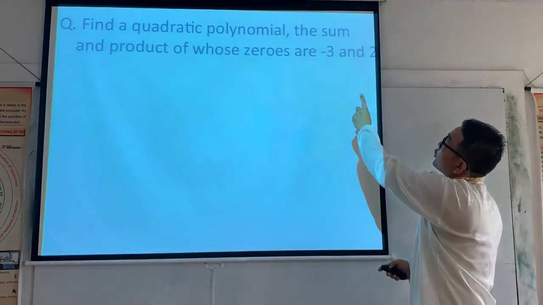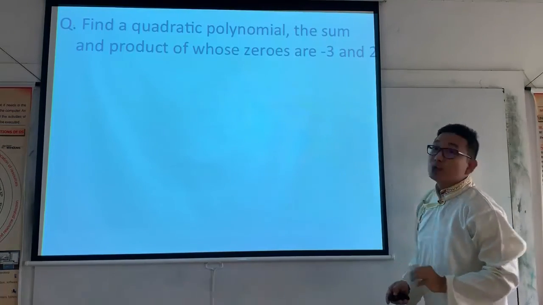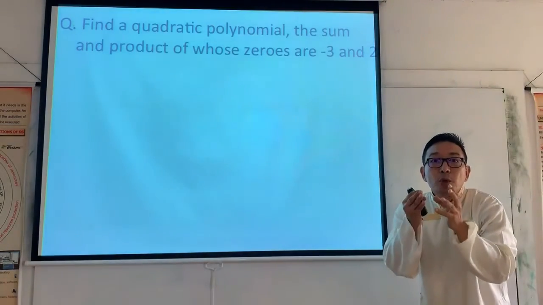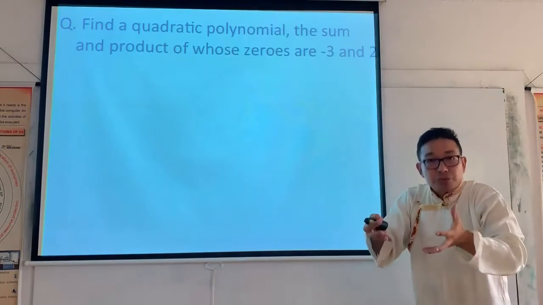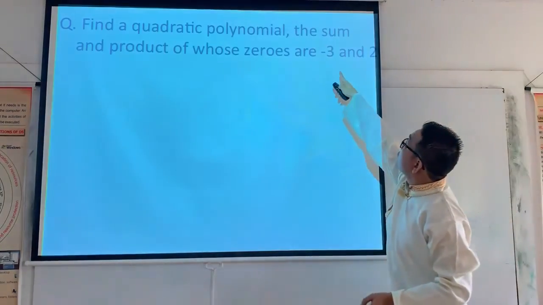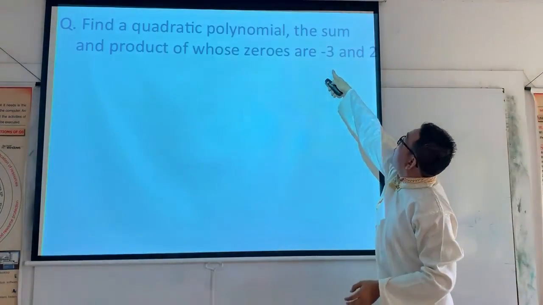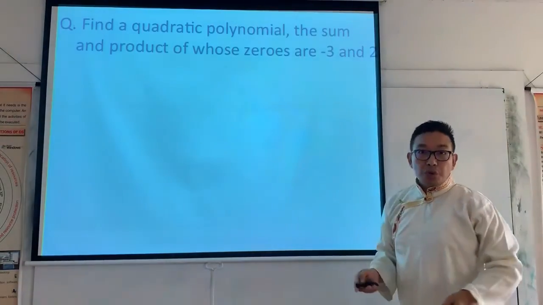Find a quadratic polynomial, the sum and product of whose zeros are negative 3 and 2. The quadratic polynomial is ax square plus bx plus c. The sum of zeros and the product of zeros are given as negative 3 and 2.